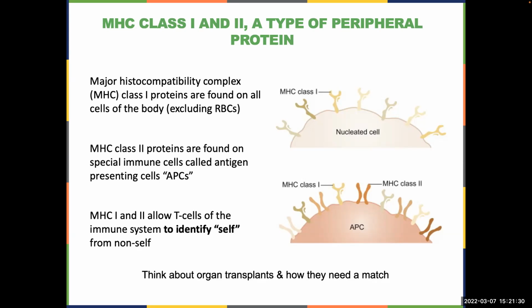If you've ever heard of people that need to have an organ transplant and they're on a list waiting for a match, a donor to match, this is primarily what they're talking about. There are additional factors, but the very first thing that they must do is match this surface protein, peripheral protein on the cells called MHC, major histocompatibility complex.